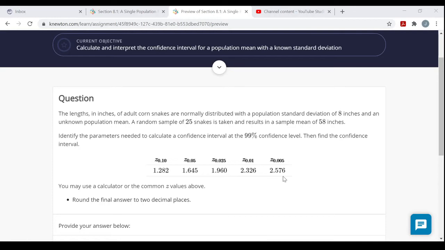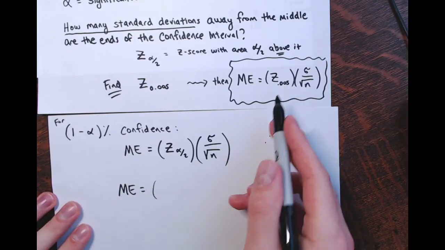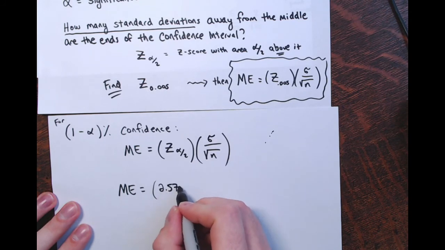If I go from the middle 2.576 standard deviations above and 2.576 standard deviations below, then I'll have two values that have 99% of the area between them, under the curve. So this z-score with, again, 0.5% above it, is 2.576 standard deviations.